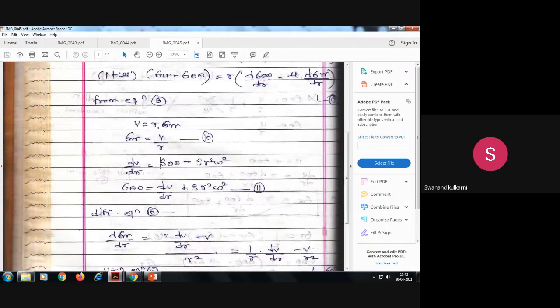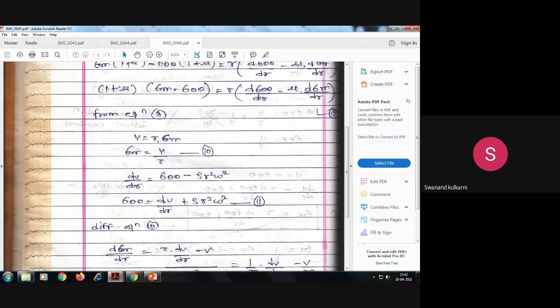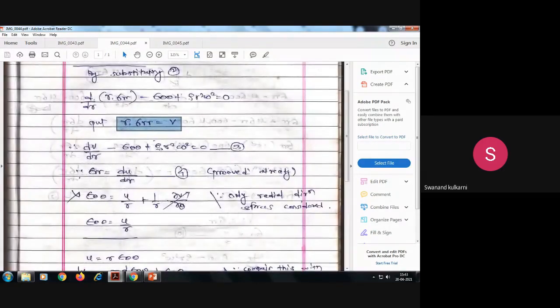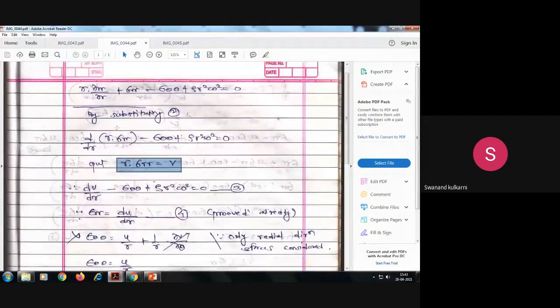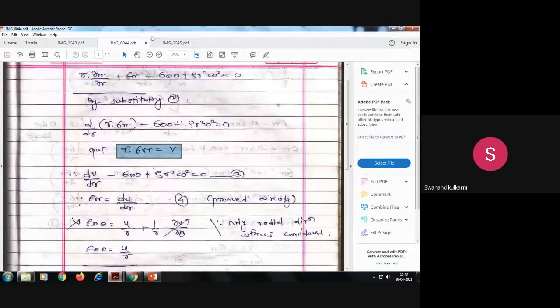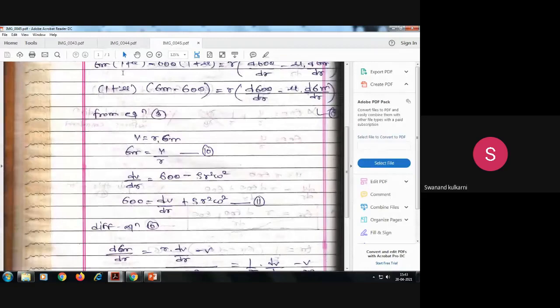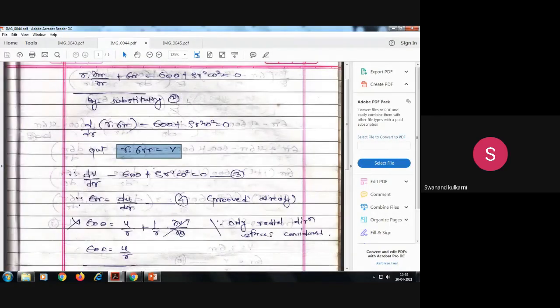And then the differentiation of V with respect to R, dV upon dr, we will get sigma theta theta minus rho R square omega square. Here you can take the reference of equation 3, which is present here.